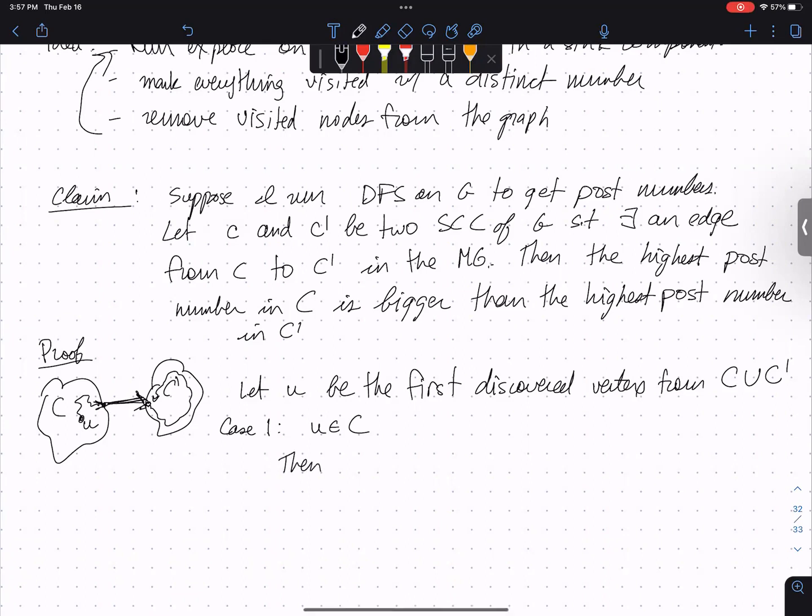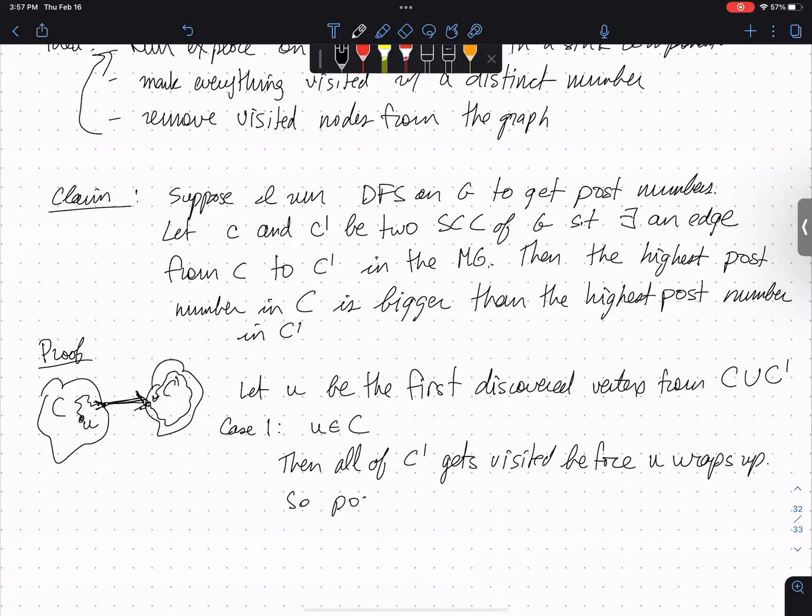Write that down. Then all of C prime gets visited before U wraps up. So post of U is higher than post of all vertices in C prime.